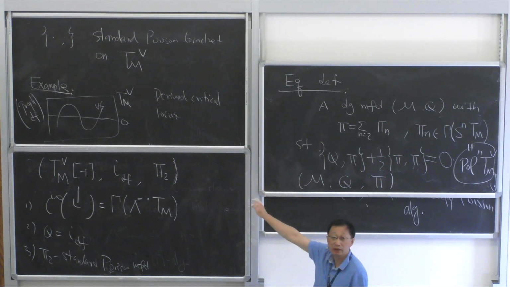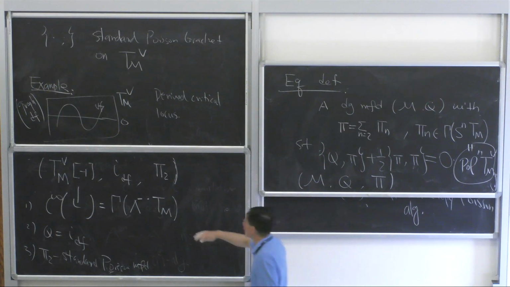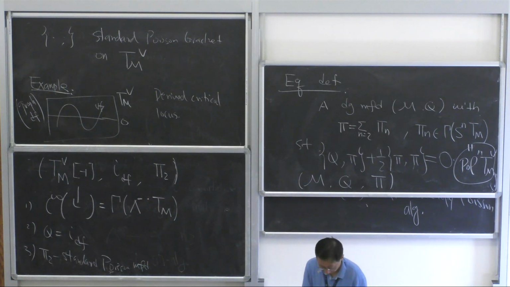But in the smooth case, you need patching. This is the standard example, a local model of those. So this is one example.